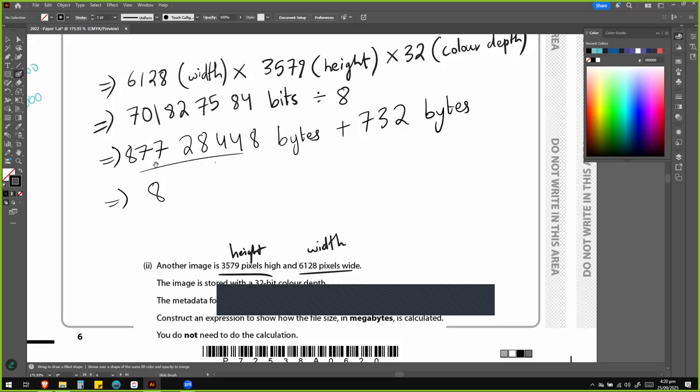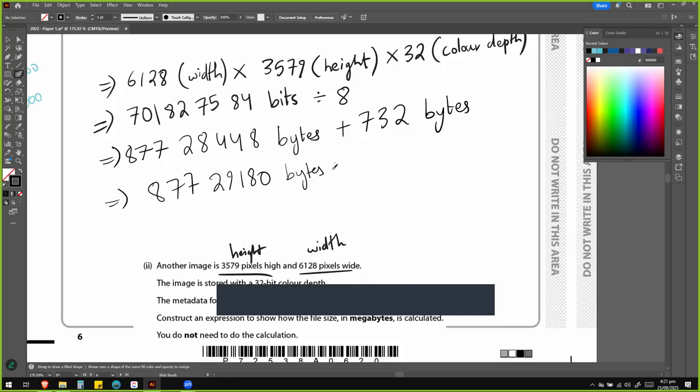My bad. This is the actual value. So 877 is going to become 8772929180. This is the answer that we're going to get after adding 732 to our original number. So again, this will be in bytes.